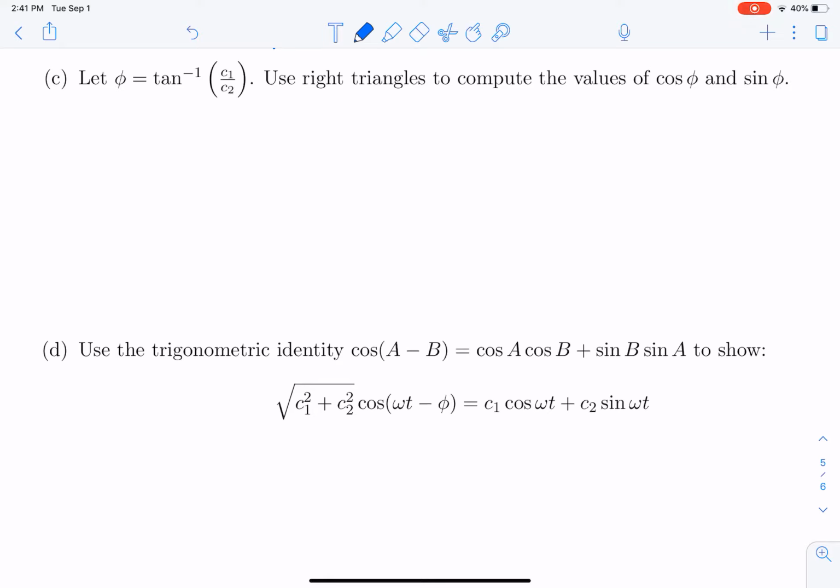Okay, so if that's the case, if phi is going to be the arctangent of C1 over C2, then I'm going to draw a right triangle with a phi, okay, and actually, let me fix that. It's actually going to be C2 over C1.